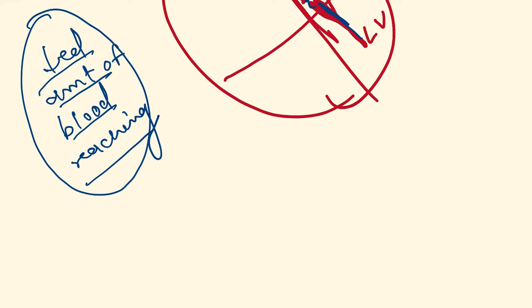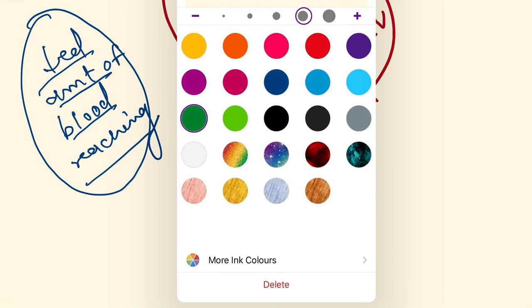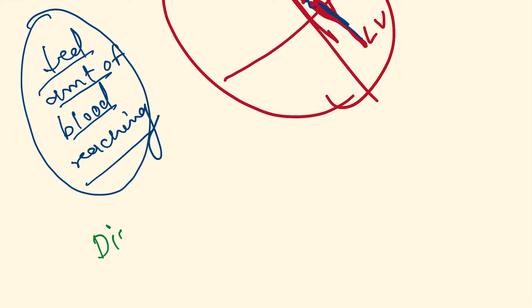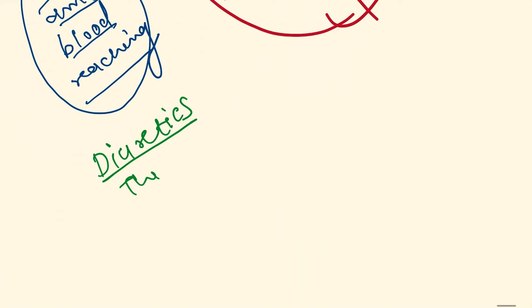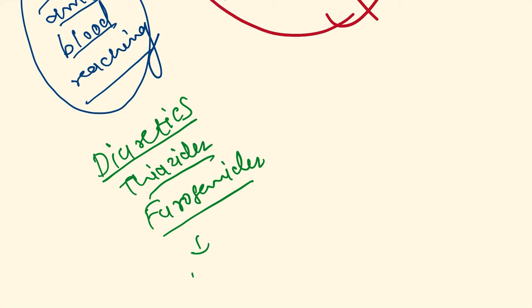First, we need to decrease the blood volume. How we can do that is by giving diuretics. We have thiazide diuretics, we have furosemide. What these drugs will do is cause diuresis and increase urine flow.